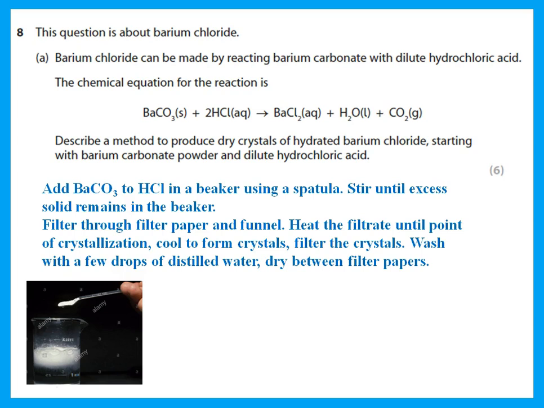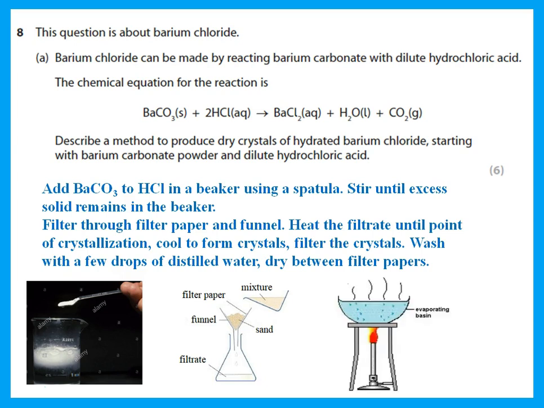How do I know if the reaction has finished? When the solid no longer dissolves, some excess solid remains in the beaker, or when there is no more bubbles of gas. When I am finished with that, I have excess solid in the beaker, so I filter through filter paper and funnel. I take the filtrate, so the filtrate will be my barium chloride solution.